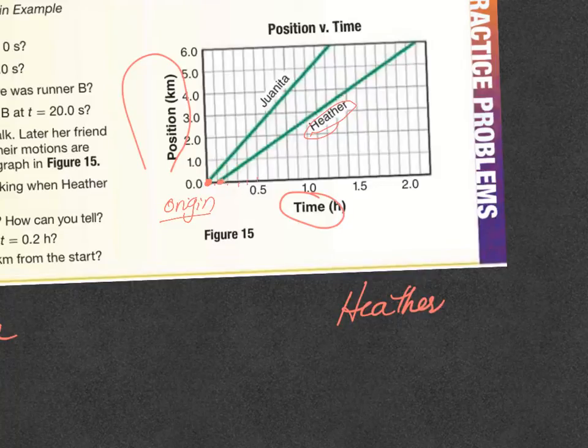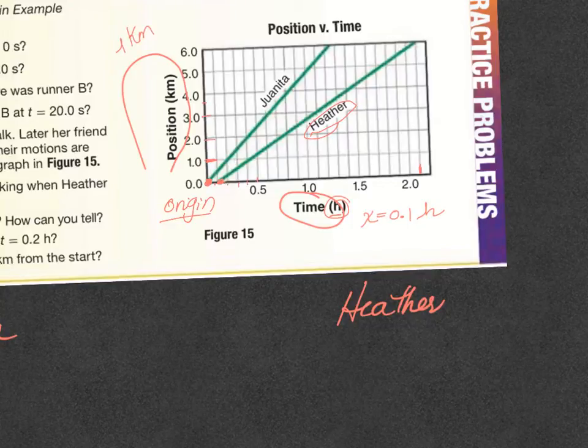That's super important when you are analyzing a position versus time graph, that you find the scale. Every rectangle in the x-axis is representing 0.1 hour, because that's the unit of measurement they're using there. Over here, 1, 2, 3, 4, every line in the y-axis is representing 1 kilometer.